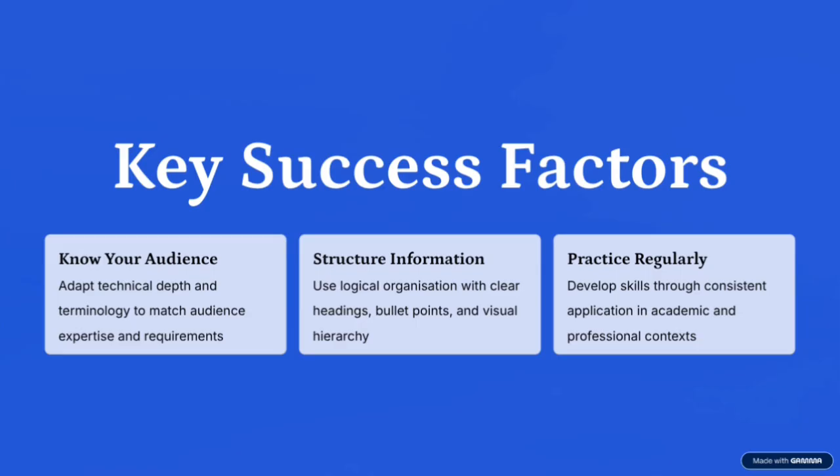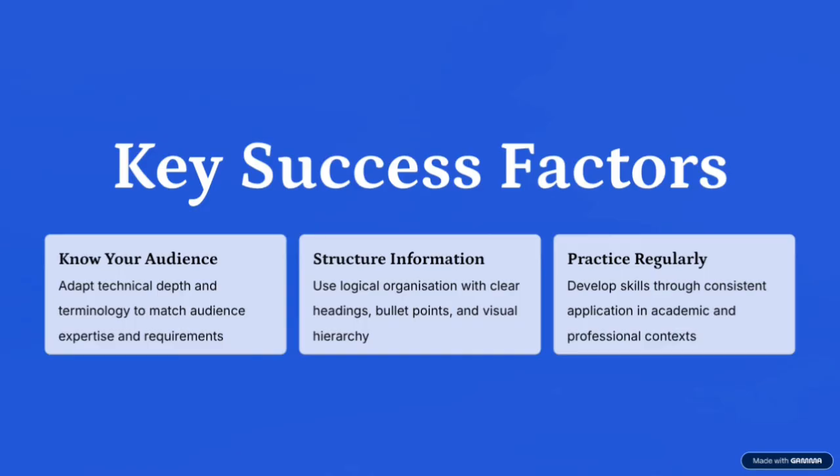Now, key success factors. How can you be successful in giving technical communication? You can be successful if you follow three steps. First, know your audience. You should know who your target audience is and what their level of understanding is.